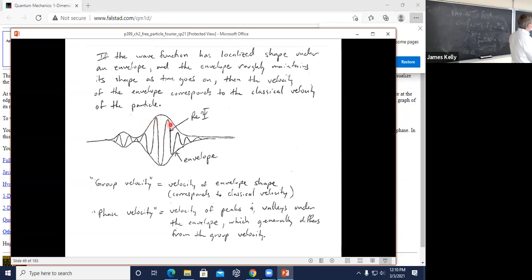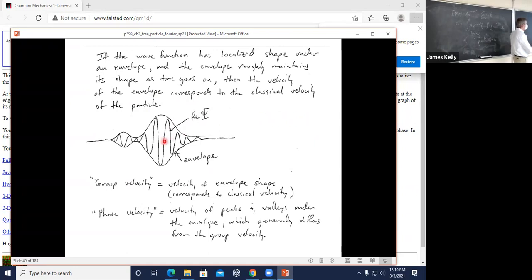In other words, it might flatten out and spread out, but it mostly maintains its shape. In that case, there's some sense in talking about what the velocity of a corresponding classical particle would be, because if this whole mess of probability is moving to the right at speed v, that's what we think of as corresponding to the classical speed of the particle.